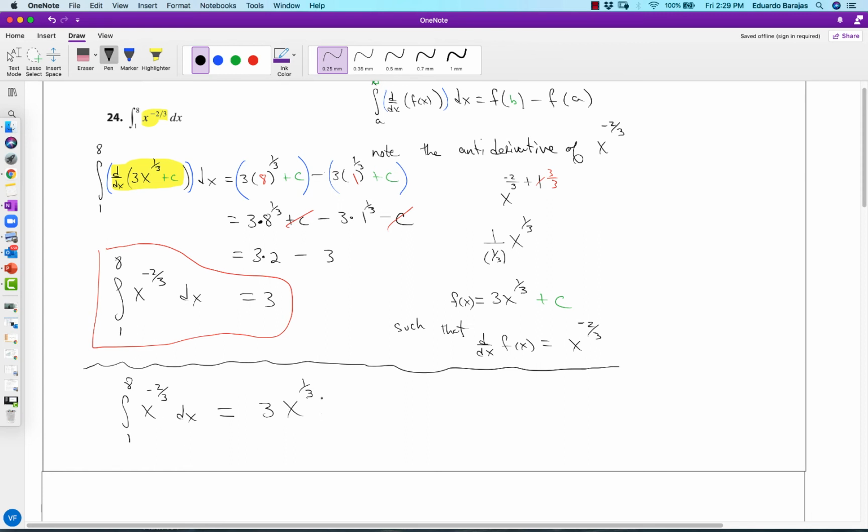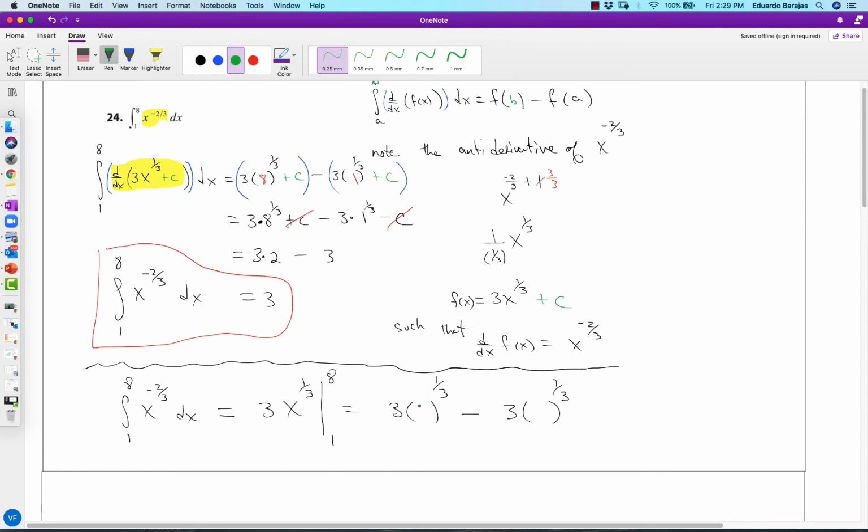Okay, and then we do this notation with a big bar like that, and we say that this means that it's going to get evaluated from 1 to 8. So this bar here matches these two values, and this is meant to identify that we're going to evaluate this function 3 blank to the 1/3 power at the 8 minus 3 blank to the 1/3 power at the 1.